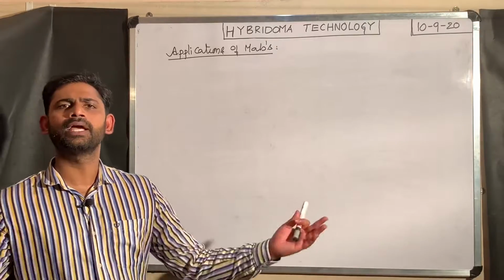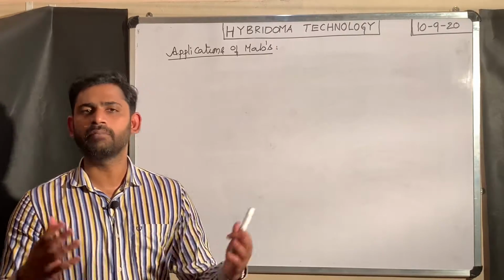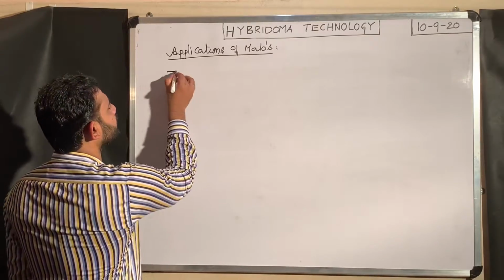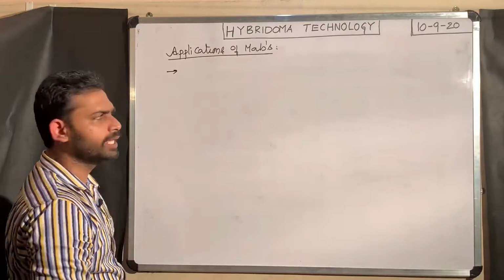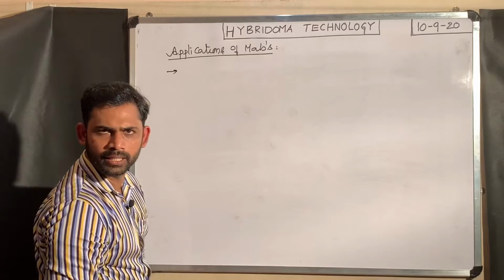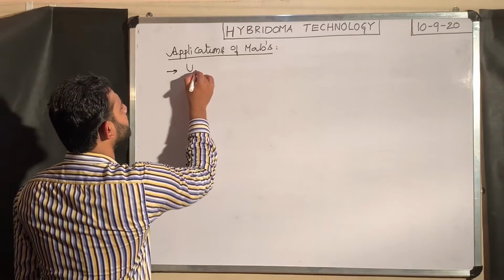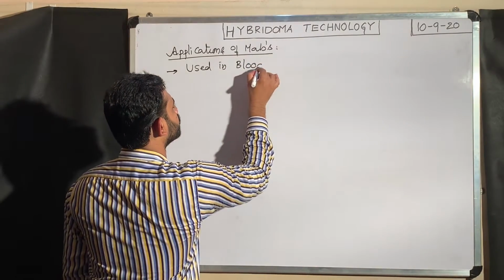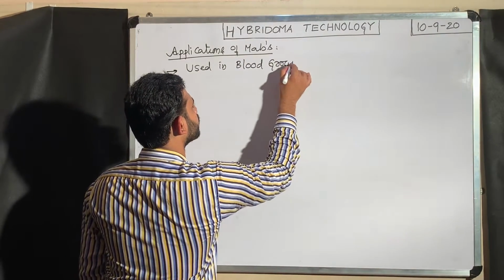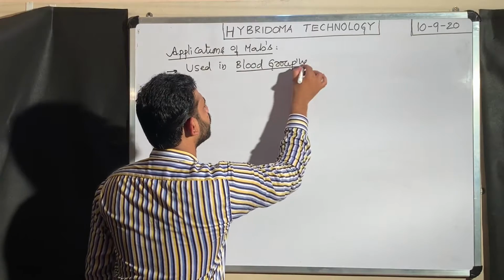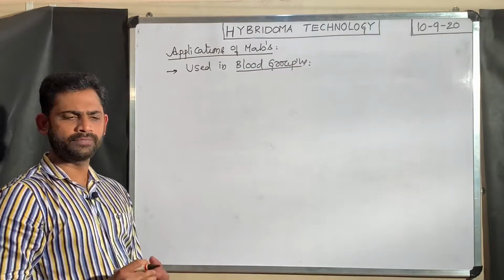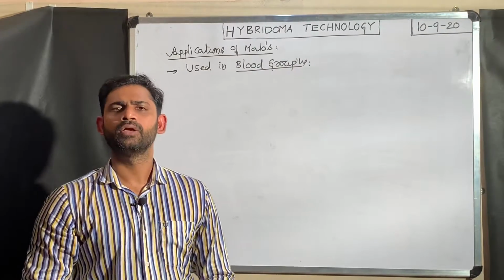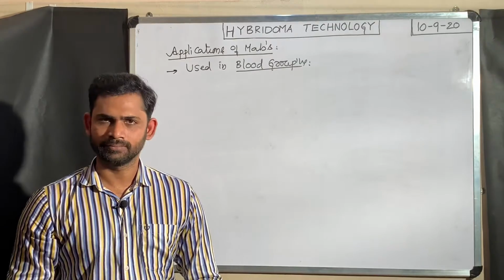I may not tell all the applications here, but some of them, like applications of monoclonal antibodies: these monoclonal antibodies are used in blood grouping. When we are doing the blood grouping, after taking the blood sample, we have to add antiserum.